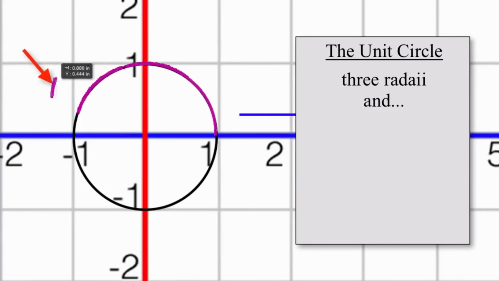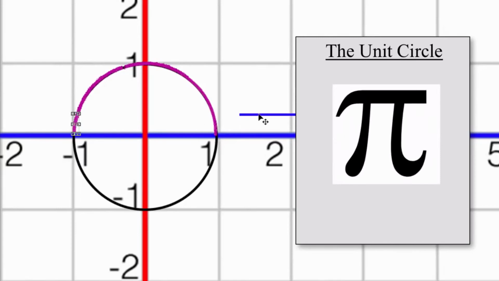And this little bit extra, which is right here, is 0.14 long. So it takes 3.14 radiuses or radians to fit around the top half of the circle. Okay, so let's move that little 0.14 piece in there. Okay, 3.14, that is pi.